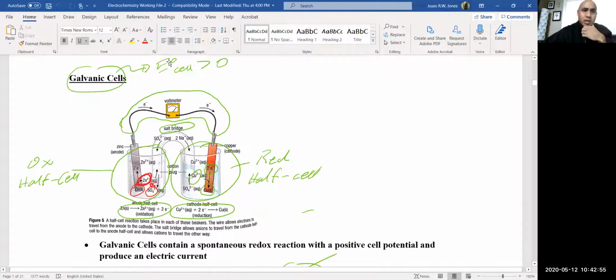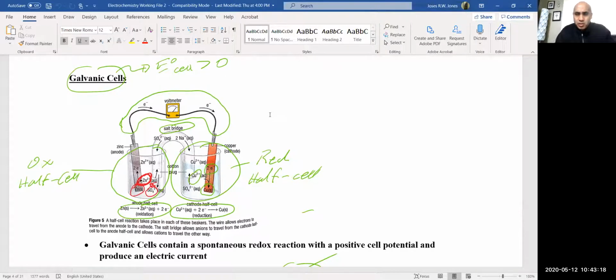You can see at the top the E0 cell, the overall voltage for the cell, is greater than 0. And in the physical setup, the oxidation half cell is separated in space, in beakers in a crude setup, from the reduction half cell.